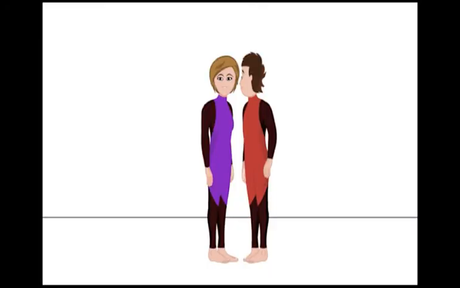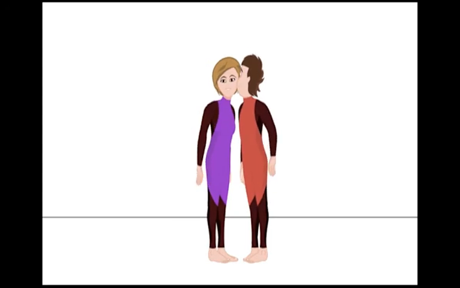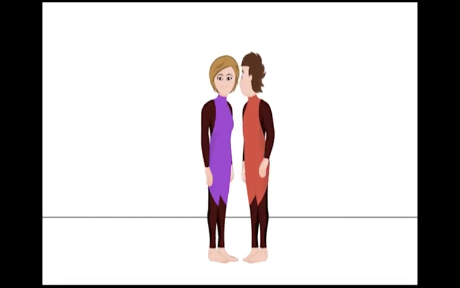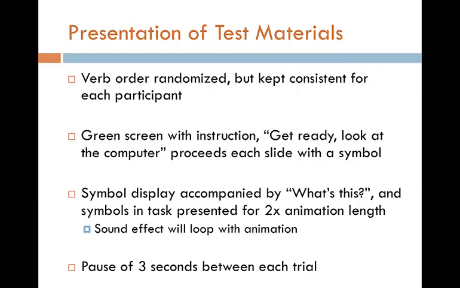Now let's look at the third phase, the experimental phase, the verbs with environmental sound condition. Get ready. Look at the computer. What's this? The verb order was randomized, but it was kept consistent for each participant.